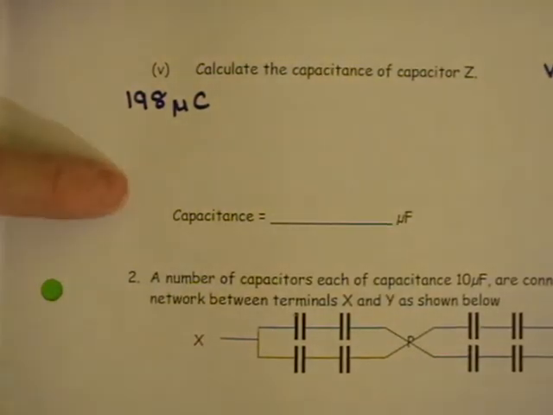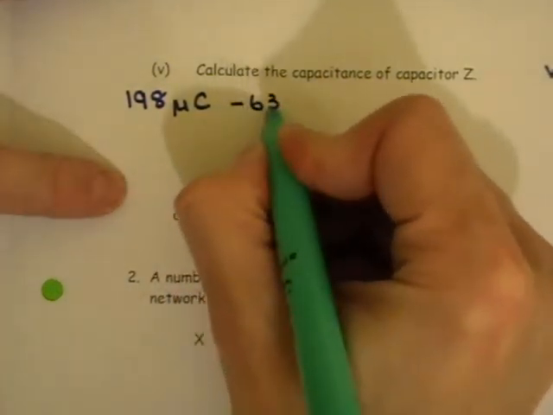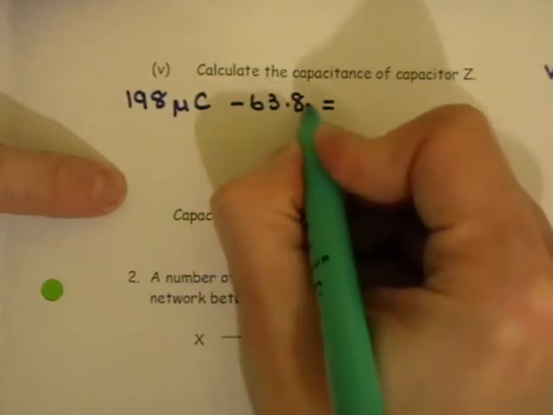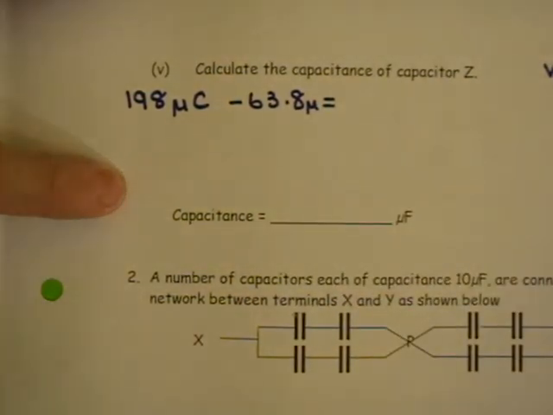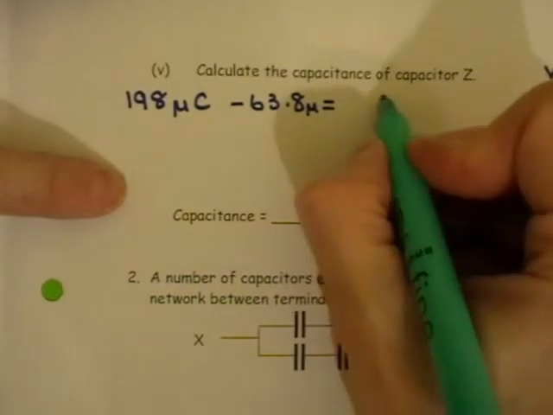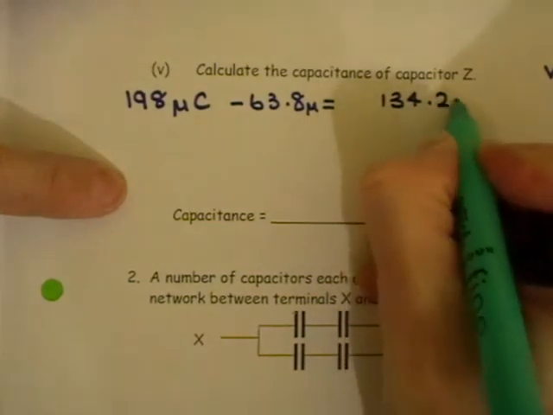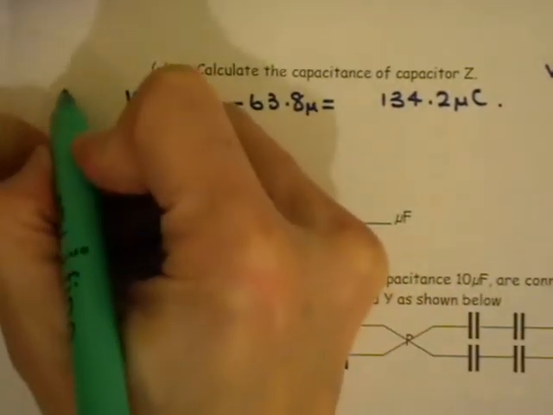And it has now dropped to 63.8. So it must have given the rest to capacitor Z. So when you take those two numbers away from each other, you end up with an answer of 134.2, and that's going to be the charge across Z.